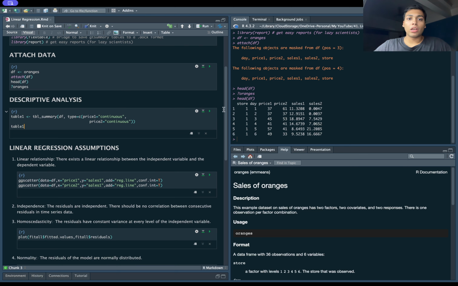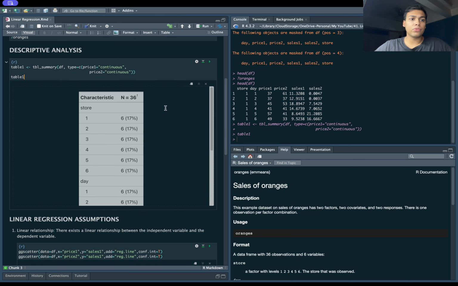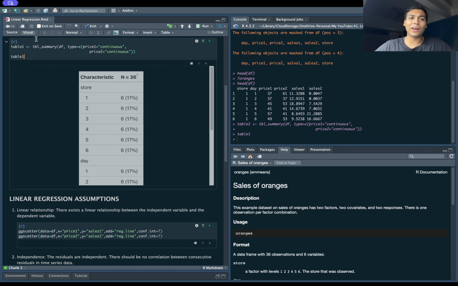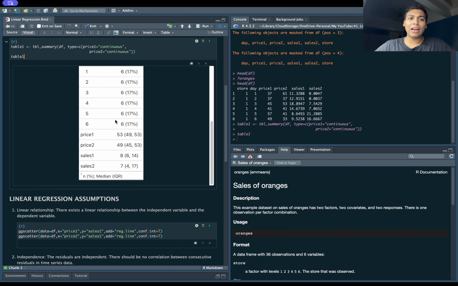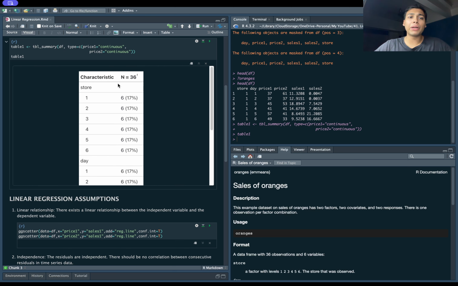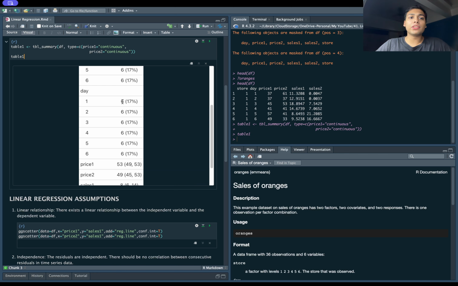So look at this, just one line of code and you have a table. It works better if you have groups, if you want to run many association tests together, but it works well for overall data as well. So we can see we have 6 observations per store, 6 observations per day.